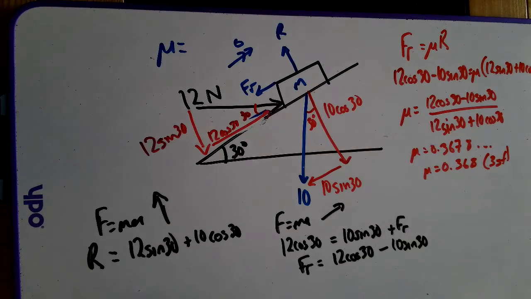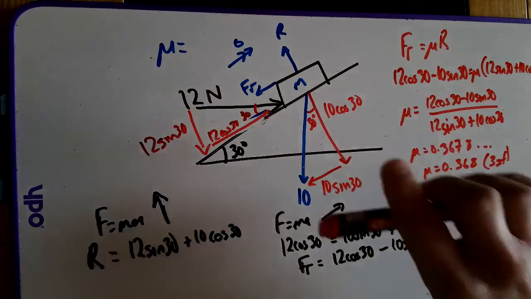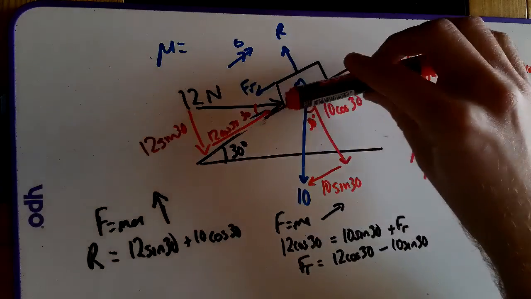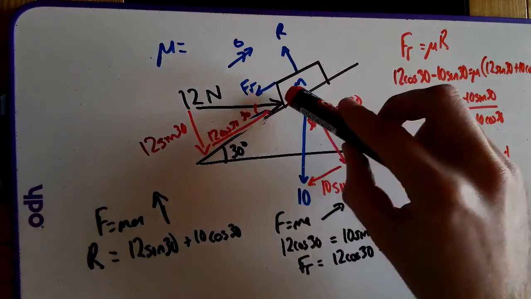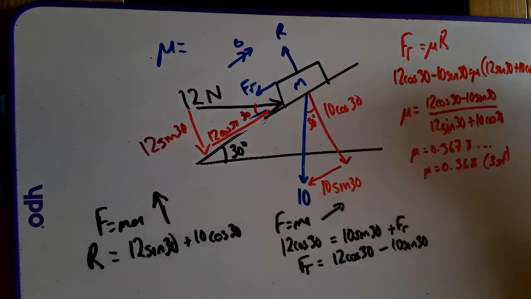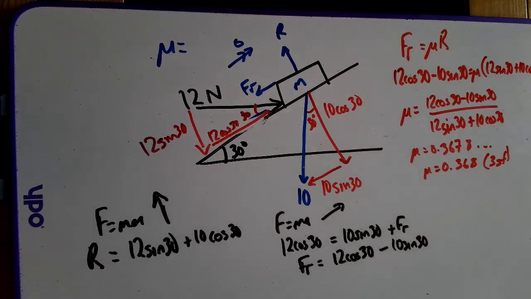Now, this one combined both the skills, because I needed to tilt my paper to make this horizontal, and I also needed to split this force up into a bit down and up. Okay, now it's asking if we take away the 12 newtons, will it actually start sliding down the plane?